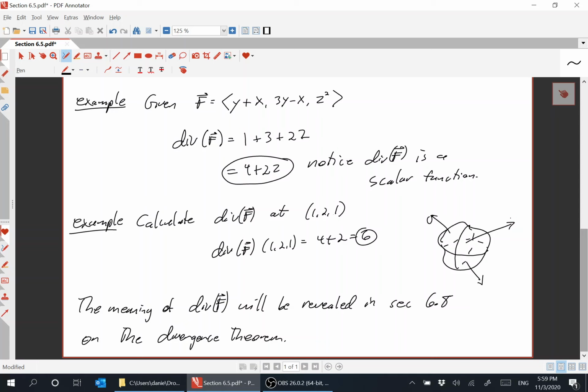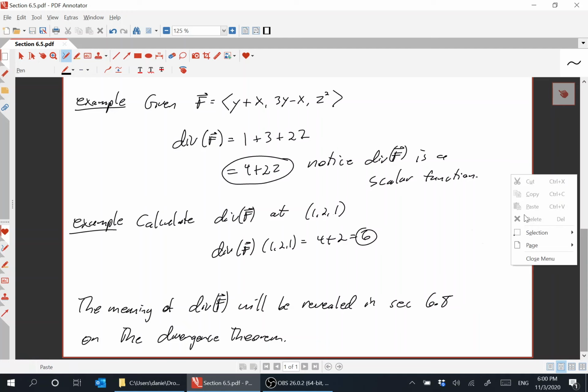That's what's measured by divergence. Sort of, right? I mean, what do you mean by that? Well, we'll see. It takes a little bit of doing to talk about that. All right. So that's divergence, and that's all we really need to know at this point.